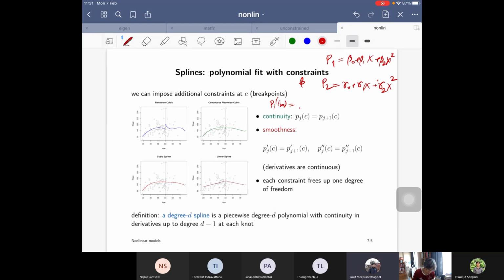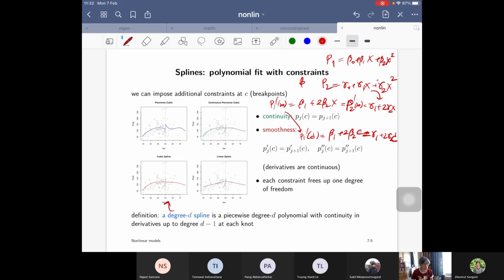P1 prime is beta 1 plus 2 beta 2 x. Now what about P2 prime? Gamma 1 plus 2 gamma 2 x. Now I evaluate at some point, so it's beta 1 plus 2 beta 2 C equals gamma 1 plus 2 gamma 2 C. Remember the breakpoint, or the knot where you want the smoothness constraint to be satisfied, is given.